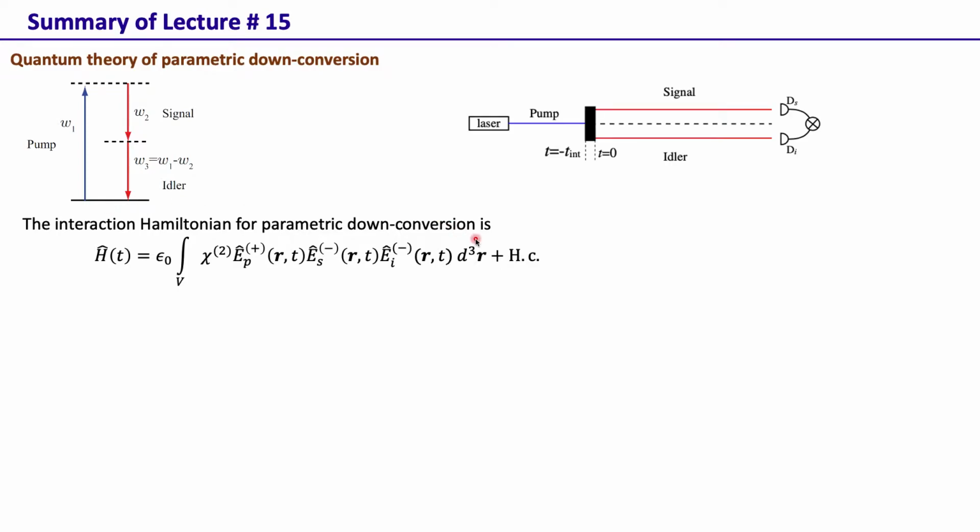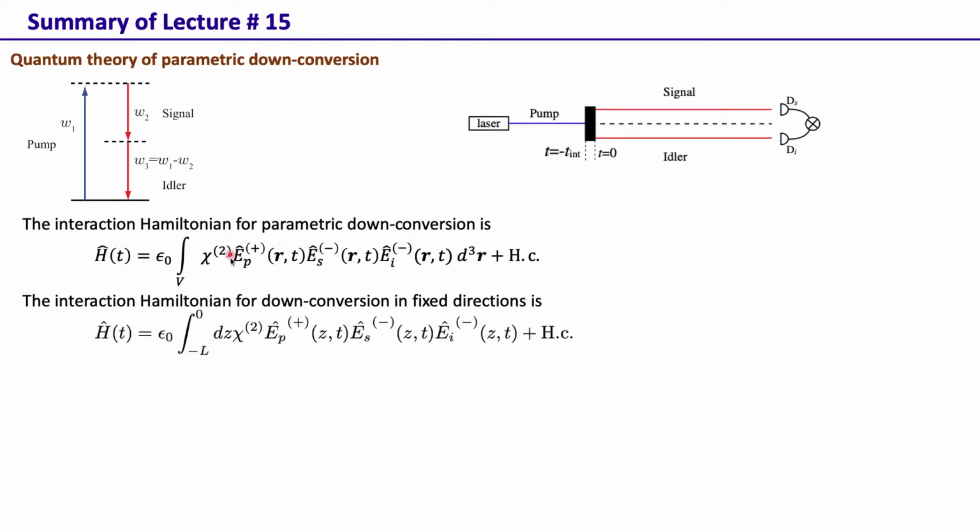Then we looked at the process in which the directions of the down converted photons were fixed. If we fix these directions to be in the z direction, then the interaction Hamiltonian is given by this one-dimensional integral instead of a three-dimensional integral.